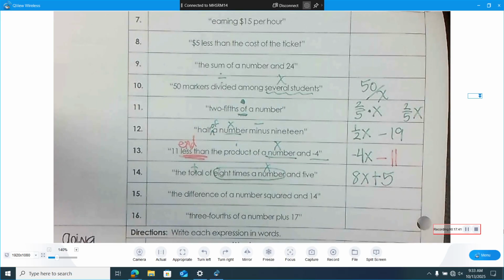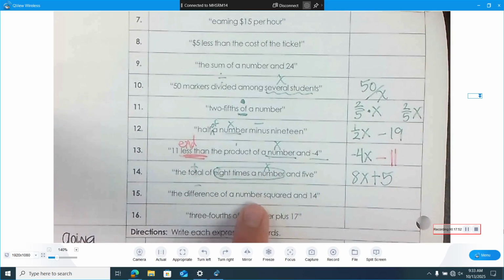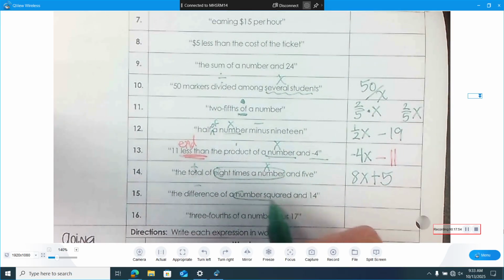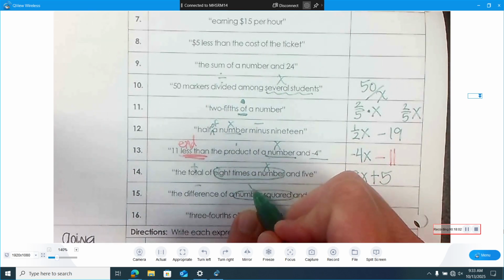Number 15, the difference of a number squared and 14. What does difference tell us to do? Subtract, okay. A number squared, what is that? Do we know what the number is? No, we don't. It's a number squared.